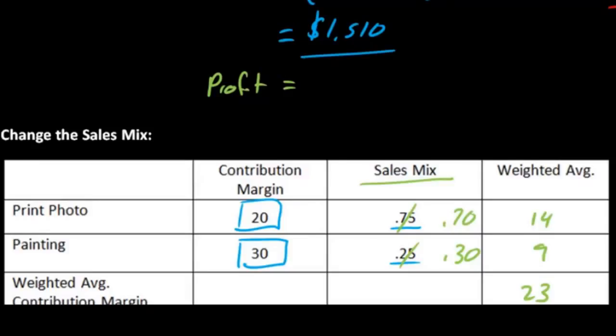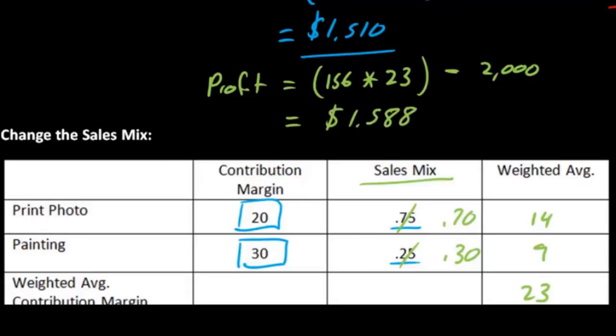So let's recalculate profit with this new weighted average contribution margin. First, we'll take our total contribution margin, which will be 156 units times our weighted average contribution margin per unit, which is now not 22.5 but rather 23. And then we are going to take out the fixed cost, which is still 2000, and our new profit is $1588.